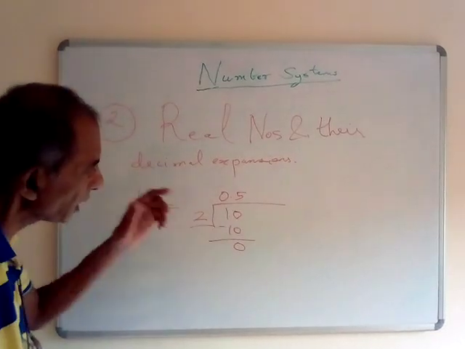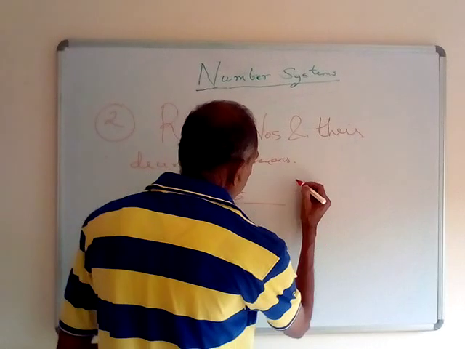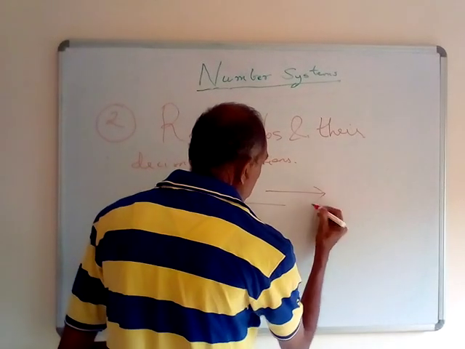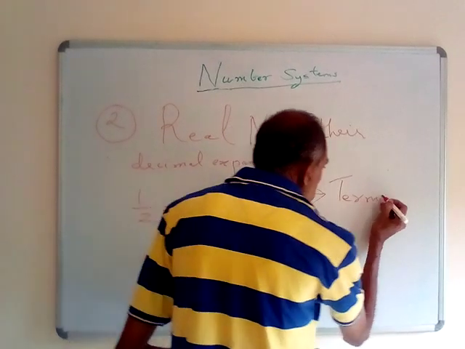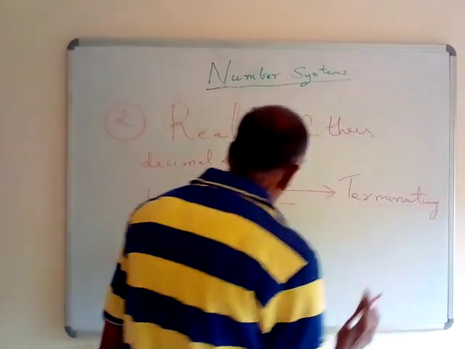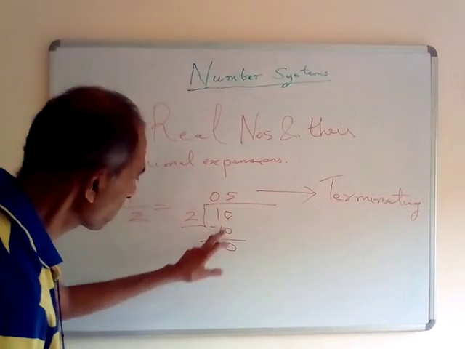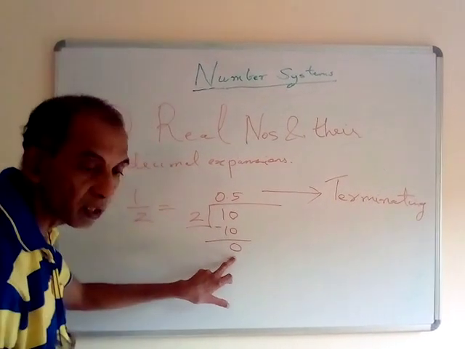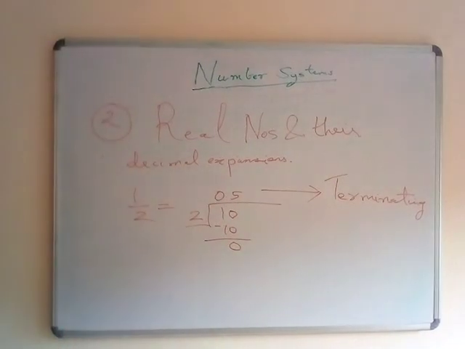This is terminating, because when we divided 1 by 2 we got 0.5, the decimal expansion answer, and the remainder is 0, so it is terminated.